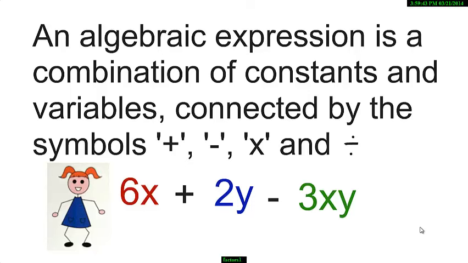Thus, 6x plus 2y minus 3xy has three terms, namely 6x, 2y and minus 3xy. The expression 3xy has only one term.